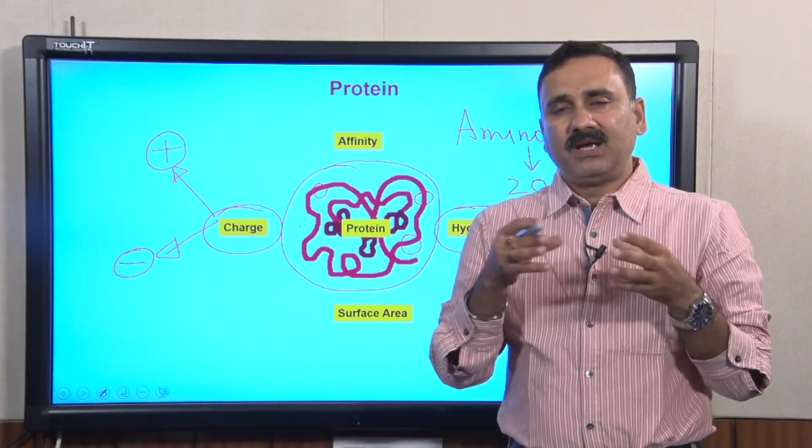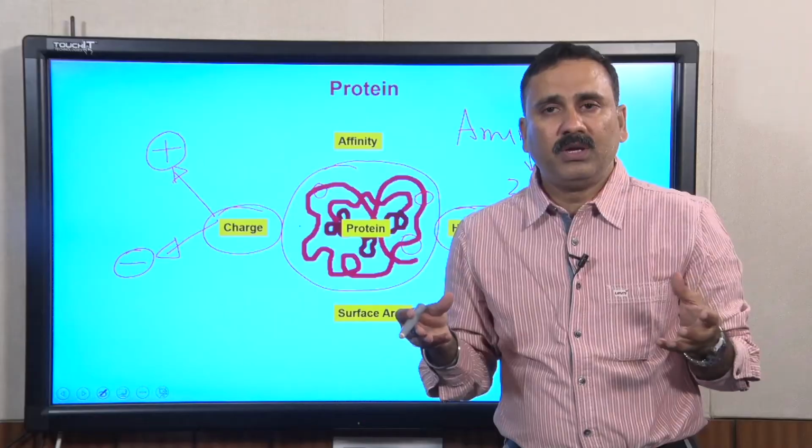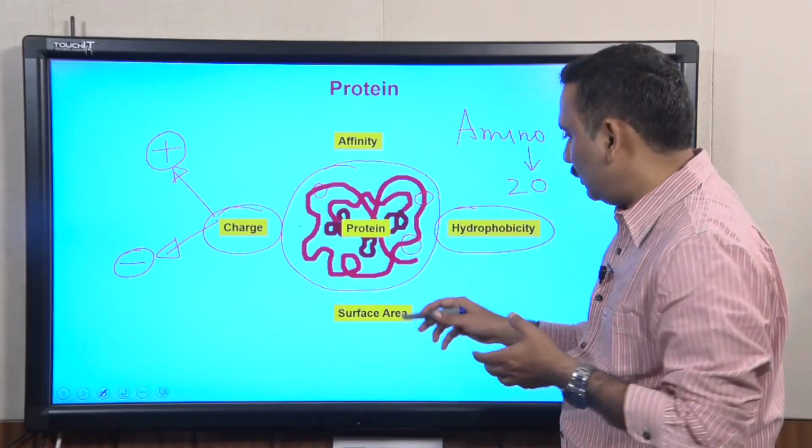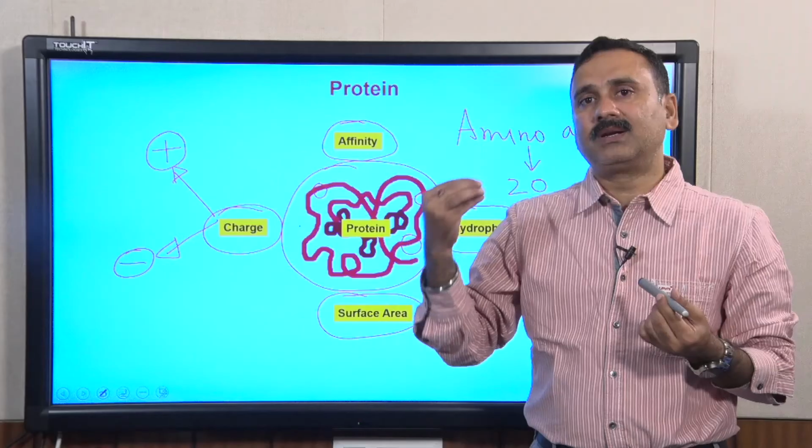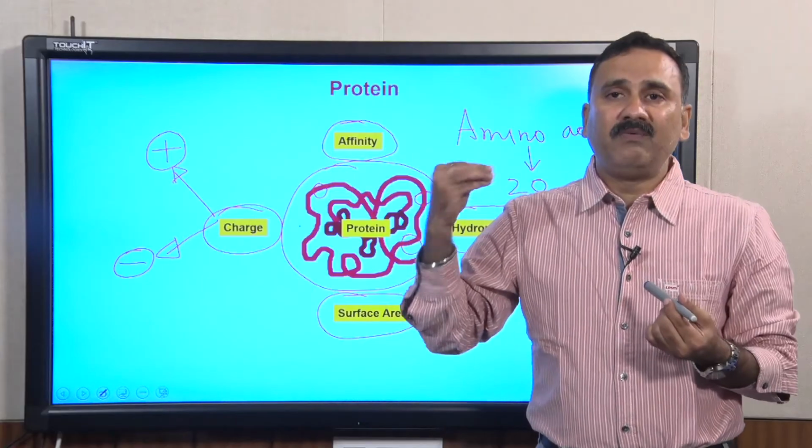So, depending on the diameter, the surface area is also going to be different, and that is also a criterion exploited during chromatography. Now, the fourth is the affinity parameter, because the protein may have different types of charges and different types of groups, and this combination of charge and hydrophobic patches may give it an affinity for certain biomolecules, and that is a criterion which can be used to purify the protein.